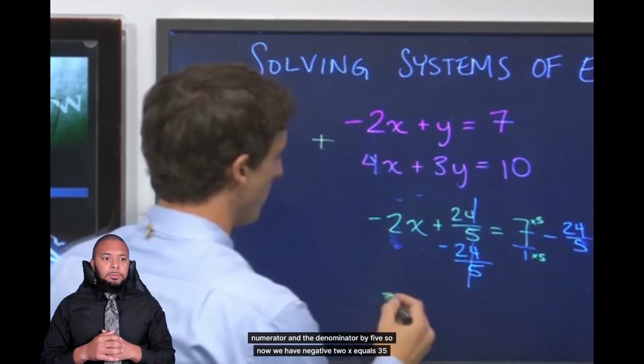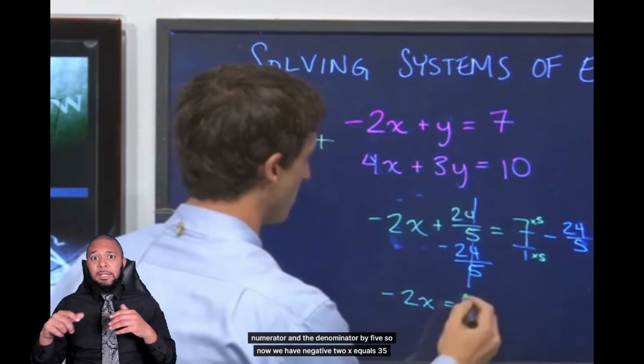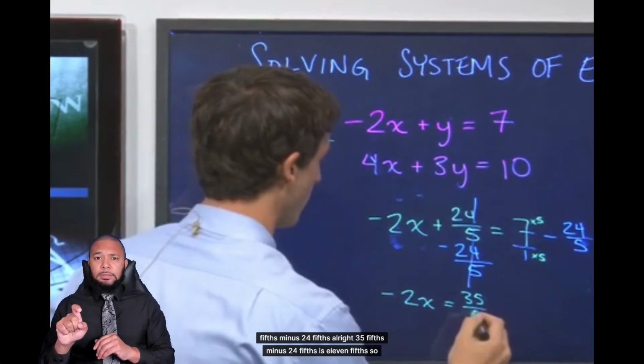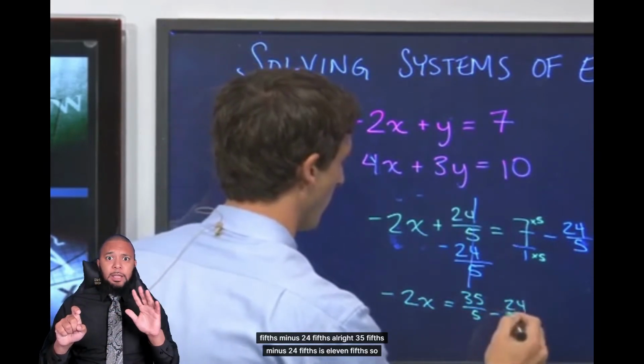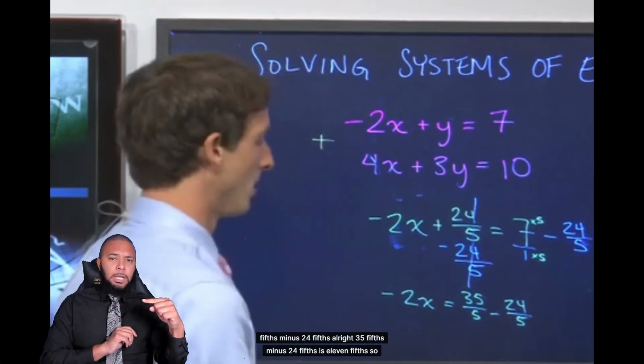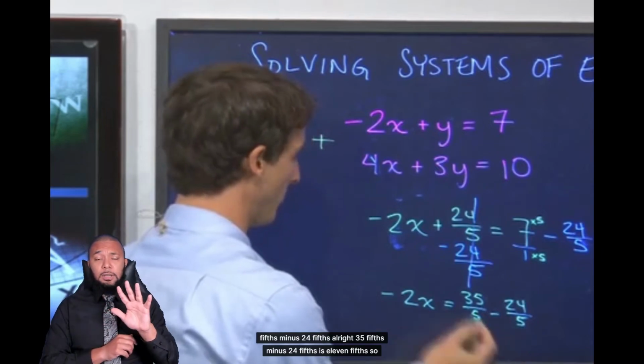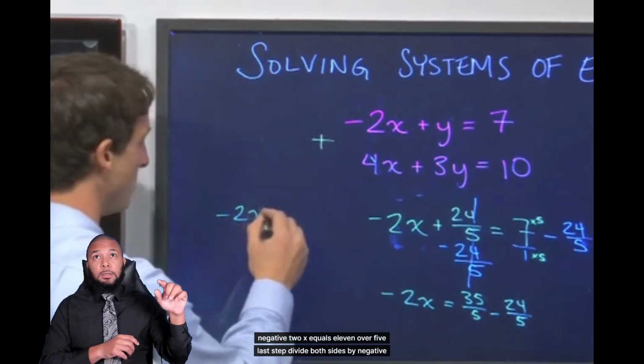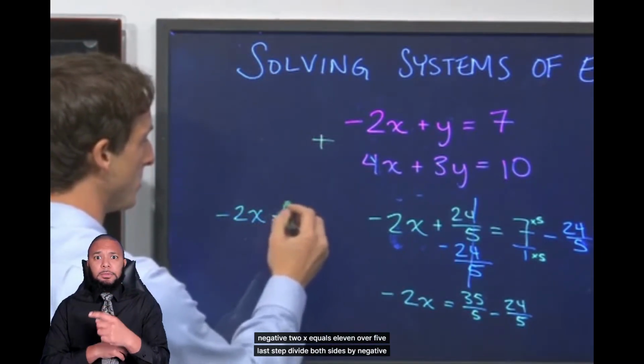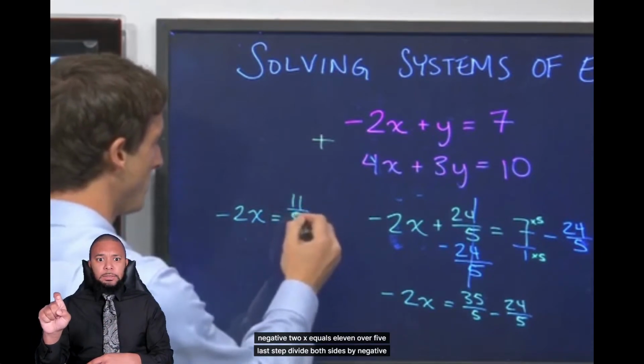So now we have negative 2x equals 35 fifths minus 24 fifths. All right, 35 fifths minus 24 fifths is 11 fifths. So negative 2x equals 11 over 5.